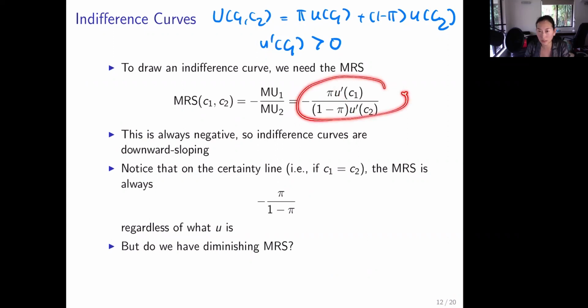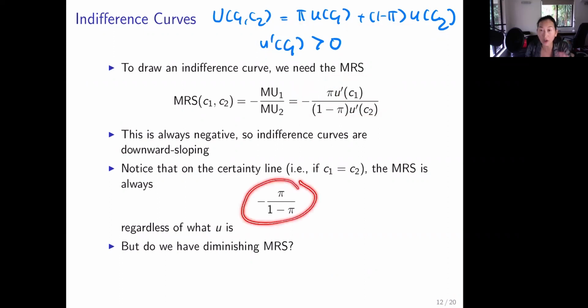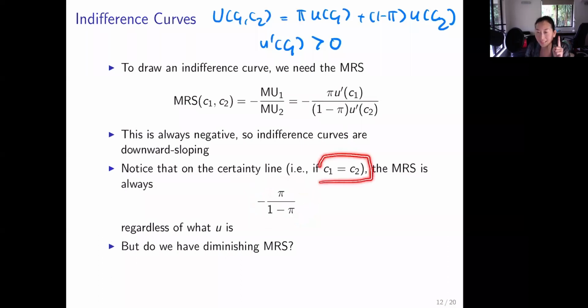Now the whole thing, because the utility function looks like this. These terms alone are not the slope. It could be the slope under a certain condition, which is when C1 is equal to C2. What does it mean for C1 to be equal to C2? That is when there is certainty. When the wealth is certain, it doesn't matter whether you end up in state 1 or state 2, you will have the same wealth, right?